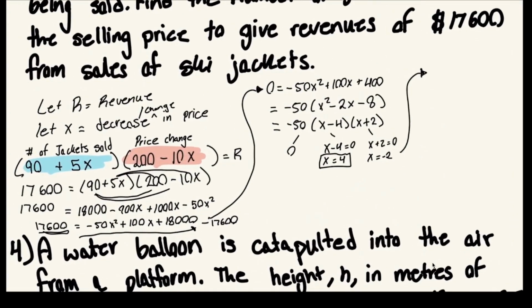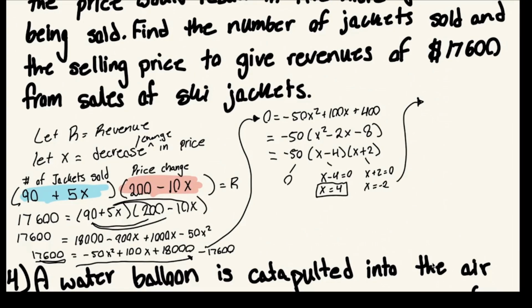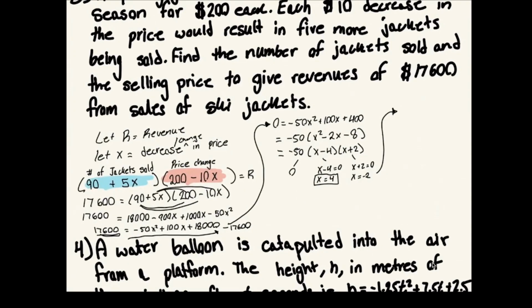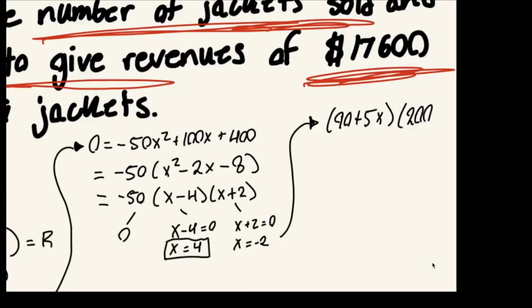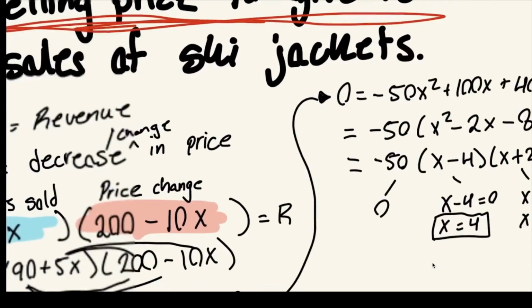And so now, since they want specifically the number of jackets sold and the selling price that gives a revenue of 17,600, we have to substitute in 4 into this formula that we created because that will tell us the number of jackets sold, and into this formula also because it'll tell us the price at which they are sold.